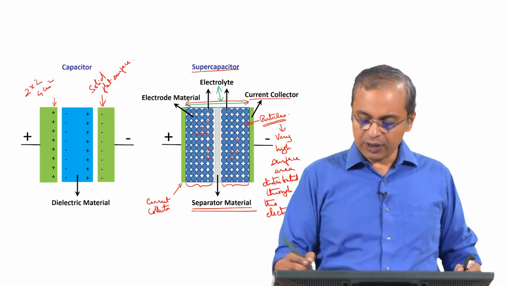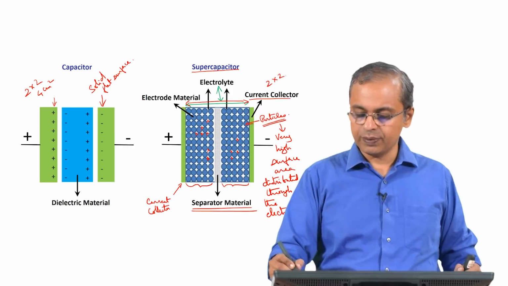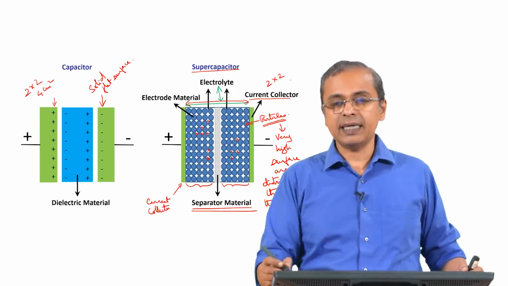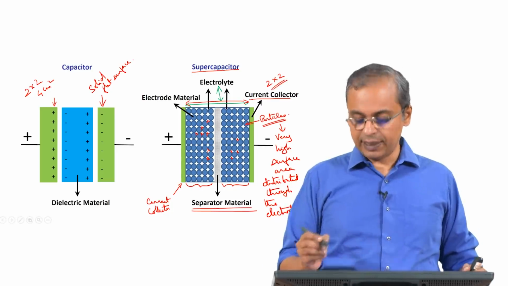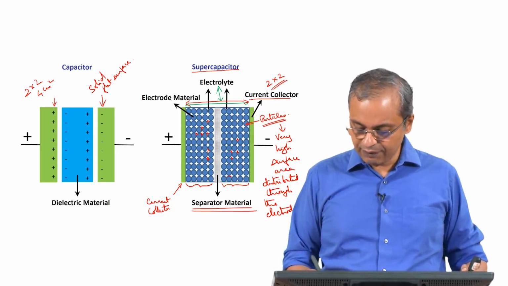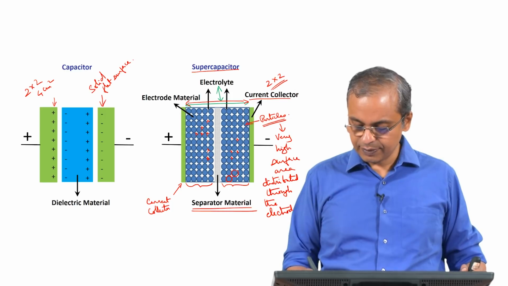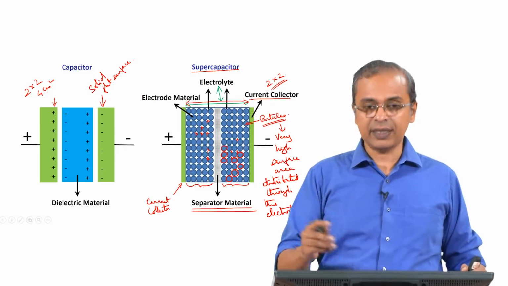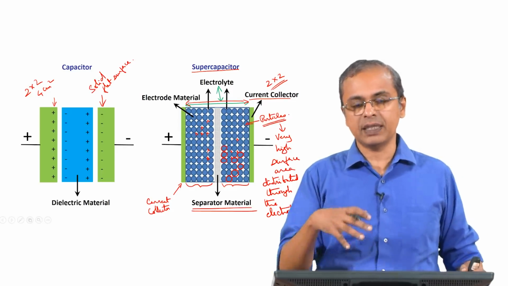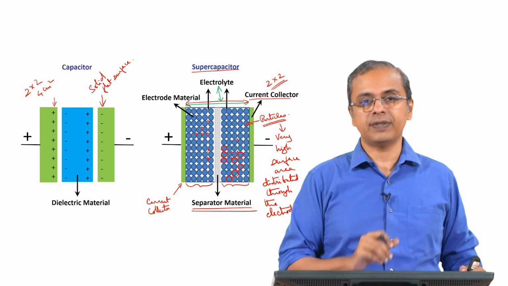Here even if your current collector is 2 into 2, that is only the current collector area, which is 4 centimeter square. Actual surface area of the electrode is the surface area of each of these particles. So, you have to calculate the surface area of each of these particles, and the total surface area that you get by totaling up the surface area of all those particles is the surface area of the electrode.